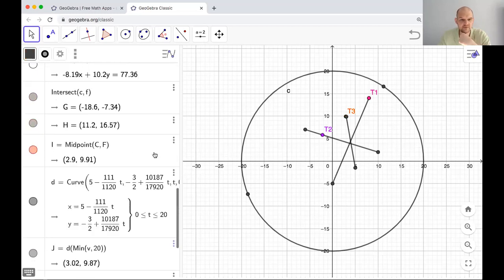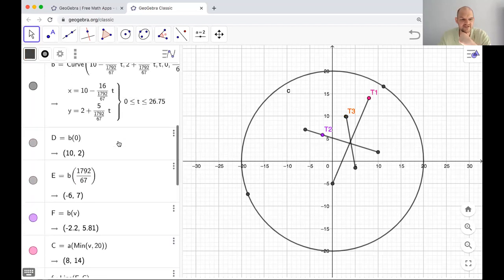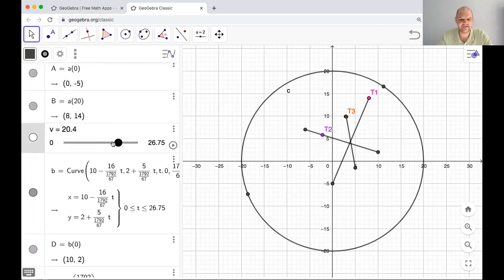So I'm going to move v and see if it worked. Yeah, I think it definitely worked. And then both of those, oh, there you go.